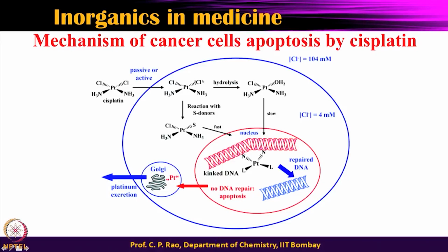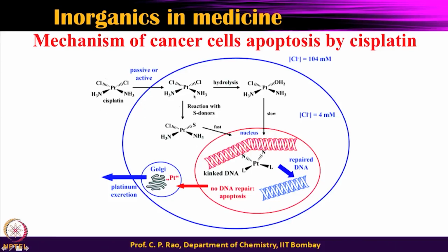Now, for the time being, let us look at the mechanism of action of cis-platin. I already mentioned to you, cis-platin binds to the DNA in an intra-strand fashion, whereas trans-platin binds in an interstrand fashion. There are always repair enzymes. The repair enzymes can definitely repair the trans-platin adducts, but not the cis-platin adducts. Now, let us take the cis-platin.